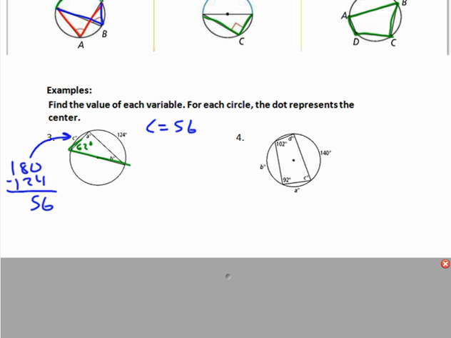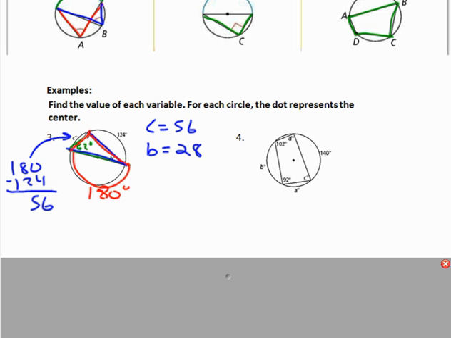And that means that B has to be equal to half of that because we have an inscribed angle. So half of that would be angle B, which would be 28 degrees. And that leaves the third side of that triangle, which is also dealing with a semicircle. The arc is a semicircle, so that half of a semicircle is 180 degrees.